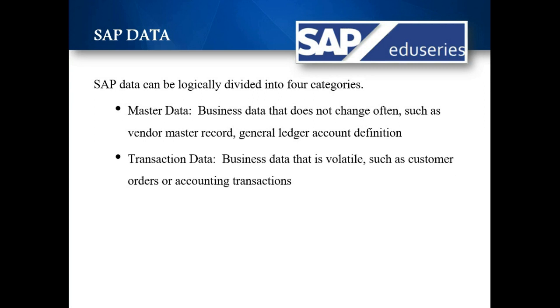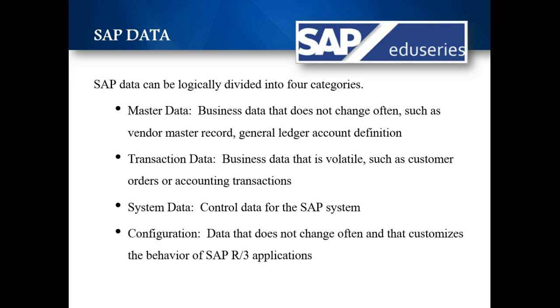Transaction data, business data that is volatile, such as customer orders or accounting transactions. System data, control data for the SAP system. Configuration, data that does not change often and that customizes the behavior of SAP R3 applications.